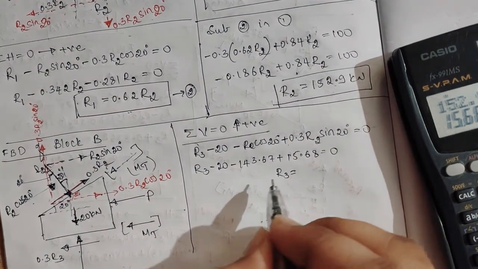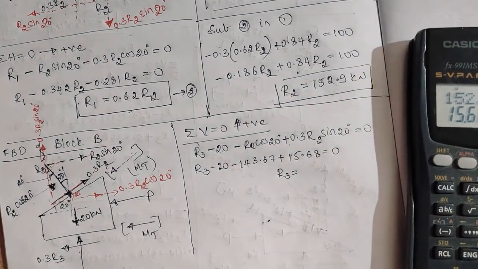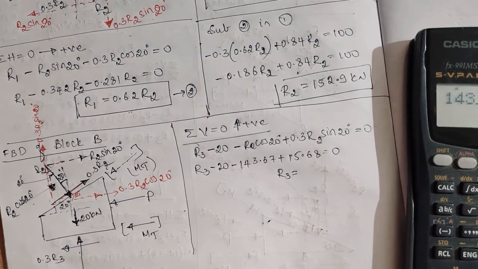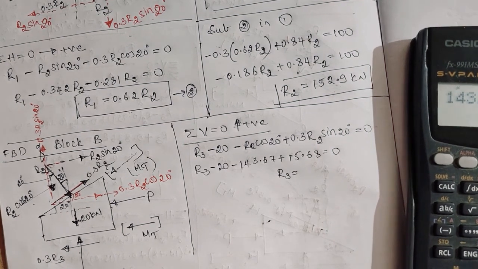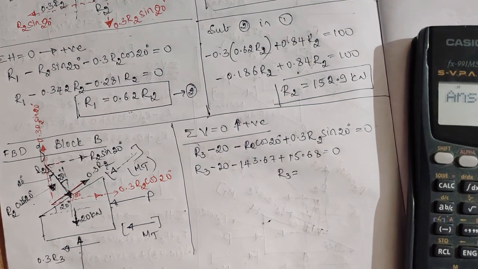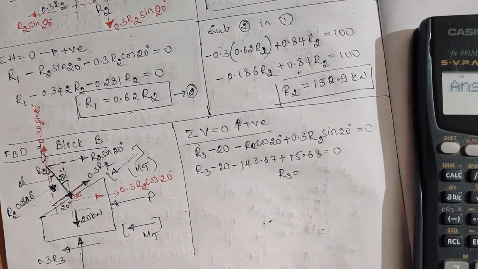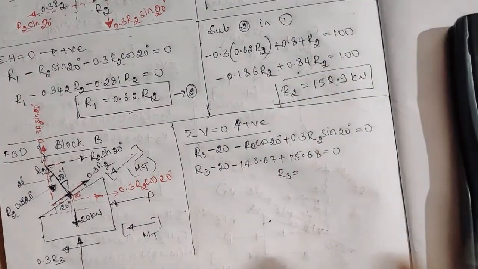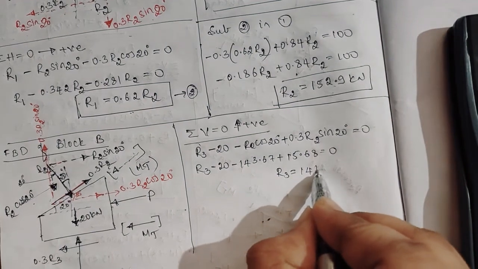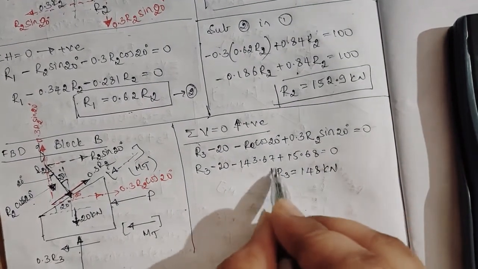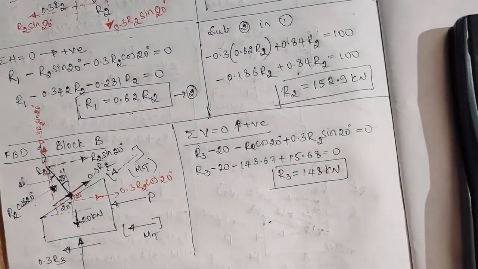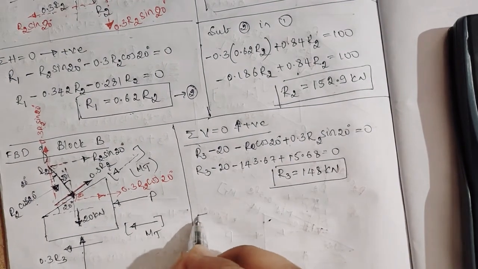Your R3 will be equal to 143.67 plus 20 minus 15.68, that is 147.99, so it will take as 148 kilo Newton. This is your R3 value.